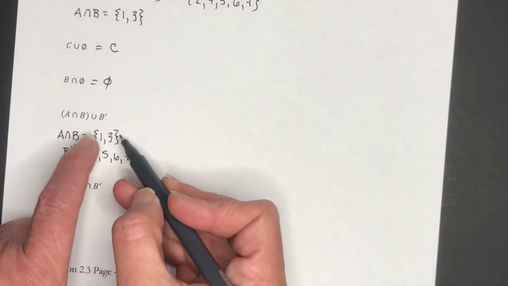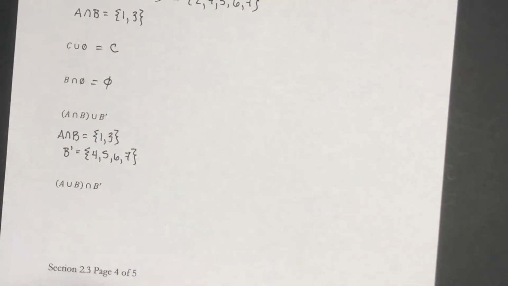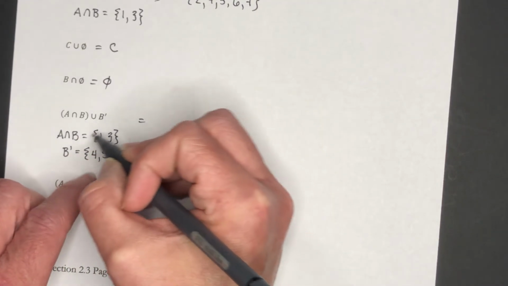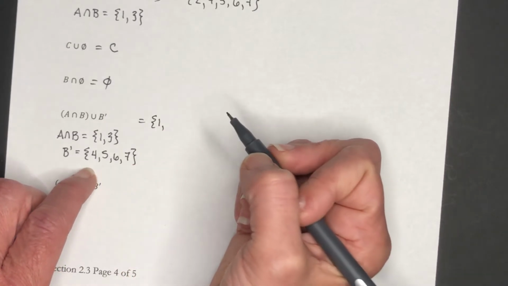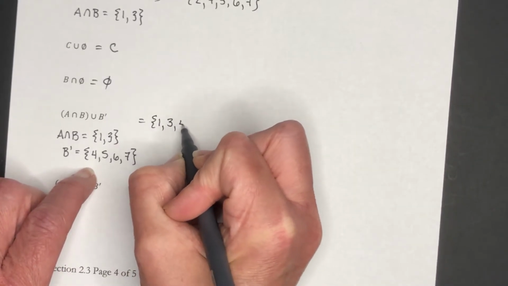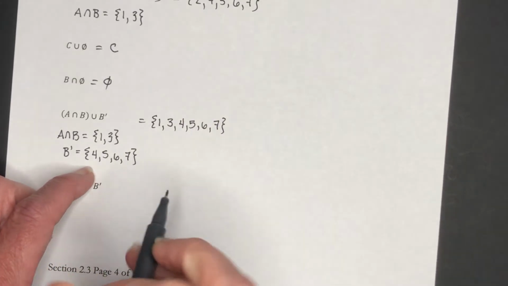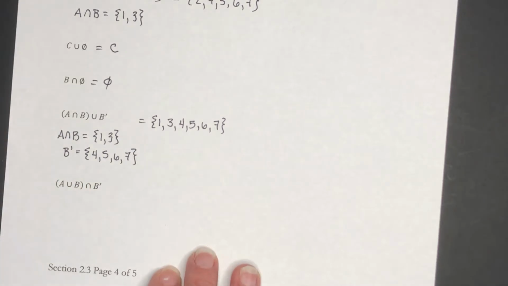So I want everything that is in here, or that is in here, or that is in both. So I start listing the things that are in either of these two sets. Well, that's 1, 3, 4, 5, 6, and 7. All right.